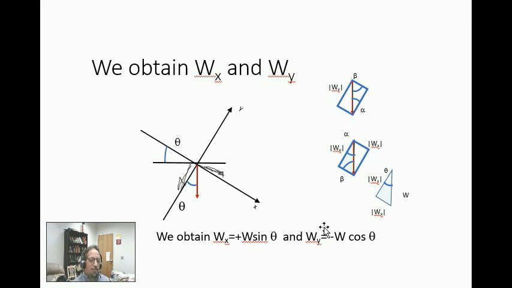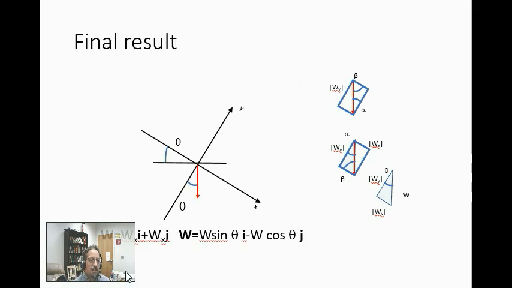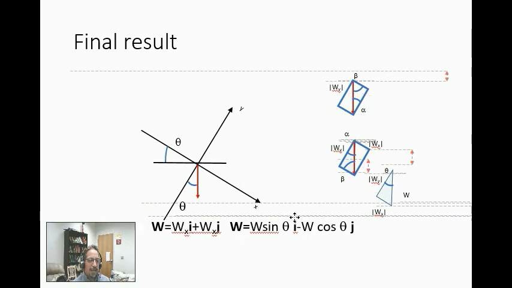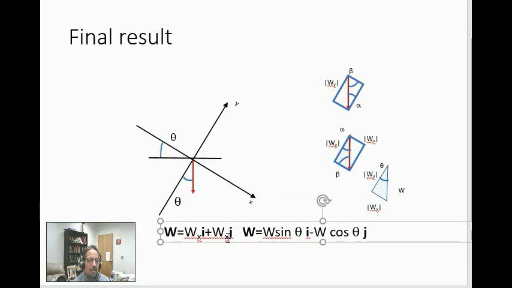So this is what we wanted. And now we know the x component, we know the y component, so the vector w is w sine theta in the i direction, in the x direction, minus w cosine theta in the j direction. All right.